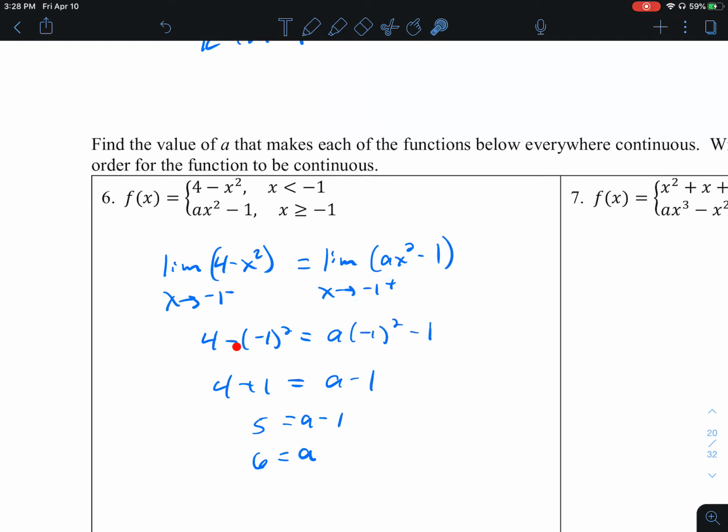I got a little sloppy. 4 minus a negative 1 squared is a positive 1. So it should be 4 minus a positive 1, which is a 3. And if I add 1 to both sides, I'm going to get a 4.